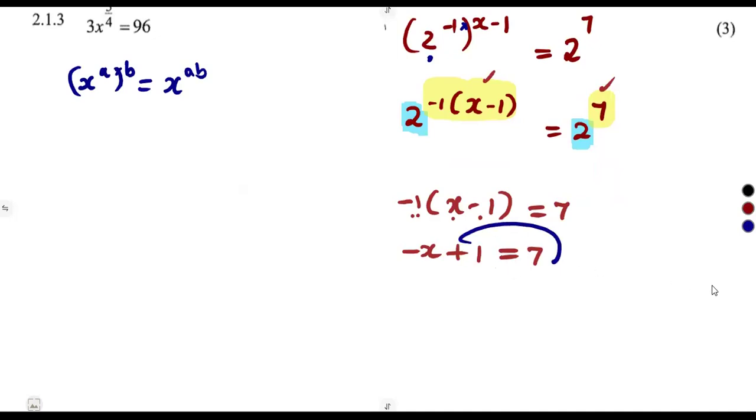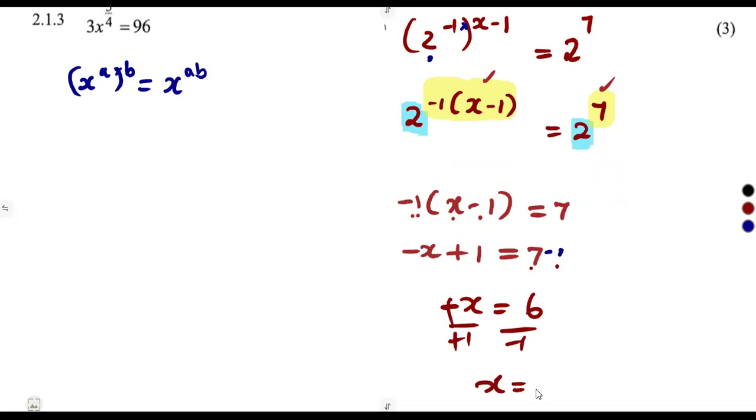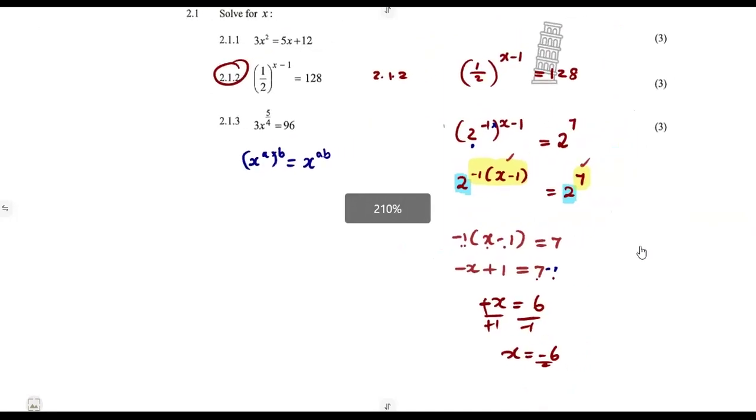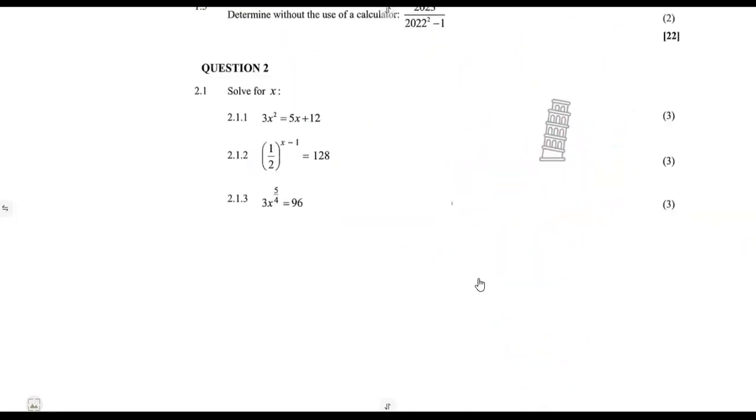The moment it crosses the equal sign, it becomes what? A negative there. So minus x is equal to 7 minus 1, which is 6. Dividing by -1 both sides gives us the value of x, which is what? -6. Just like that. So knowing laws of exponents is also important somehow.